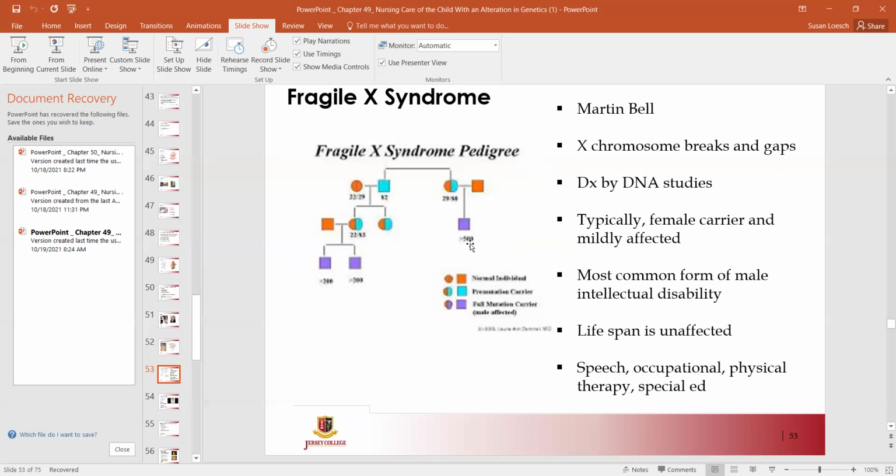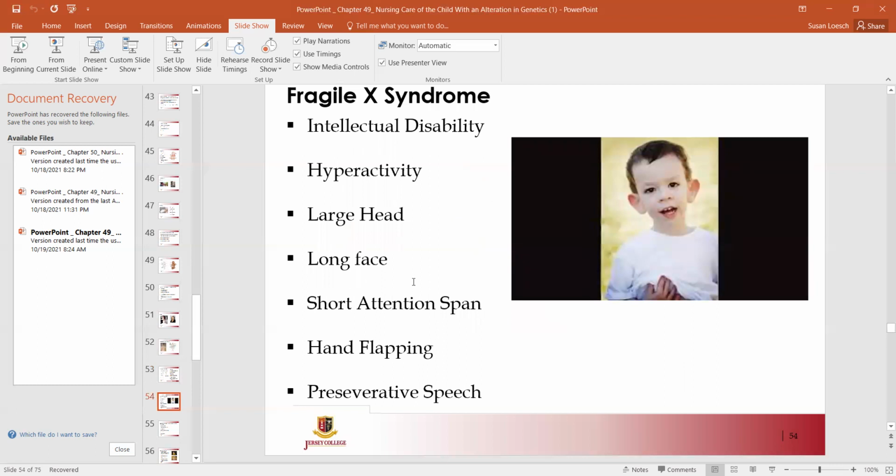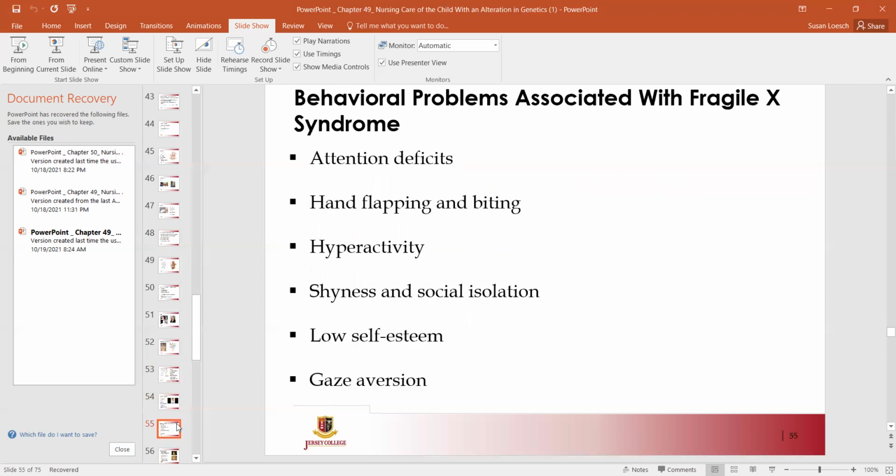Care of these children will require the same care as other children with intellectual disabilities, providing education to the family, and support through the National Fragile X Foundation. Okay, so just some of the signs and symptoms that you'll see there: intellectual disabilities, hyperactivity, large head, long face, behavioral issues.